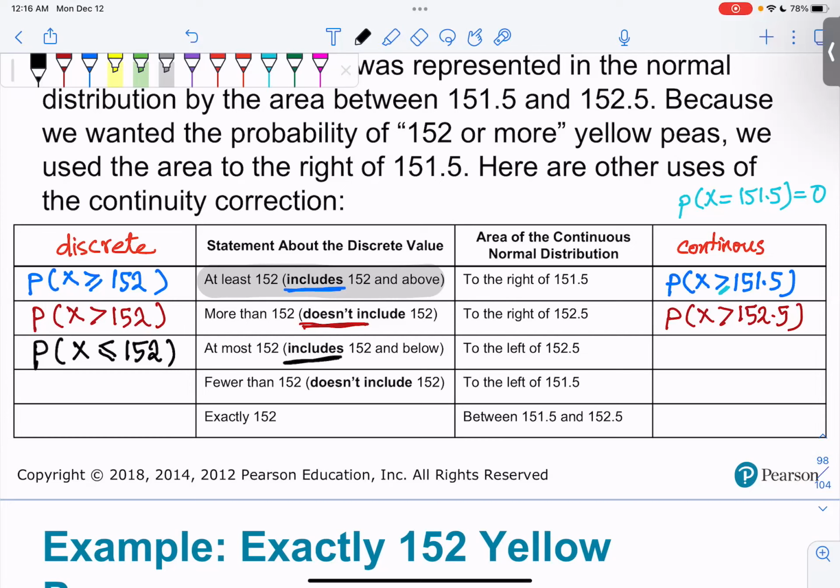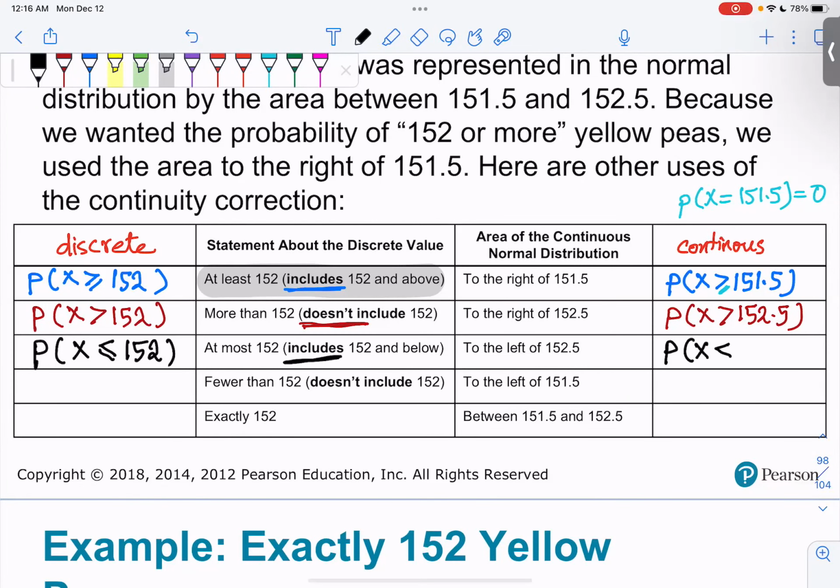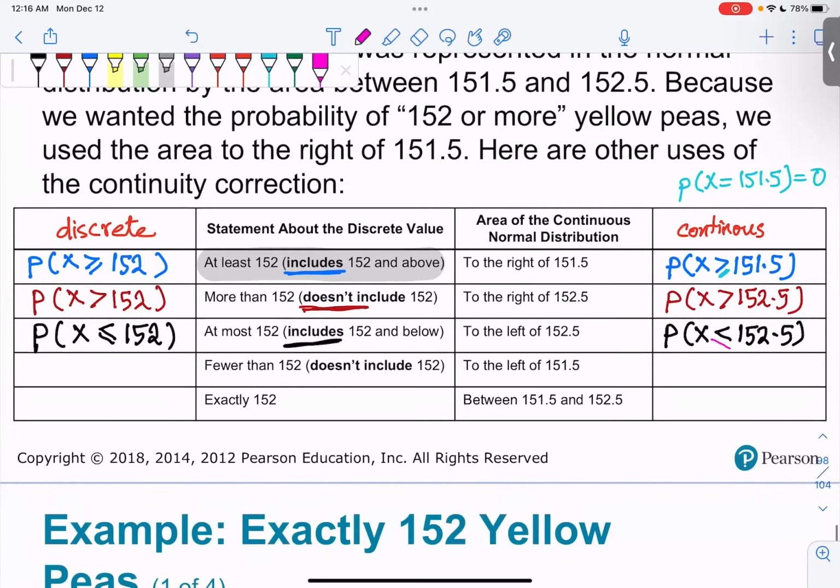Since we include 152, we have to make sure that 152 is included, so it will be X less than 152.5. Do we need the equal sign here? No, it's the same whether we include it or not.